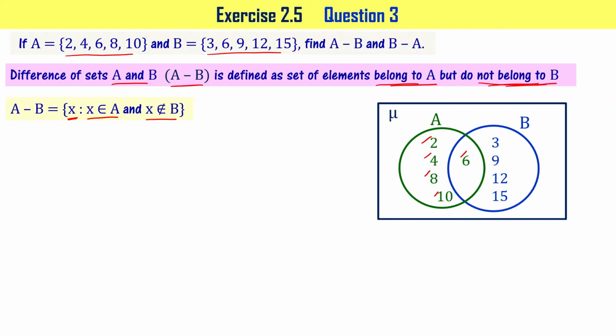And set B has elements 3, 6, 9, 12 and 15. Set B is represented using a blue color circle.